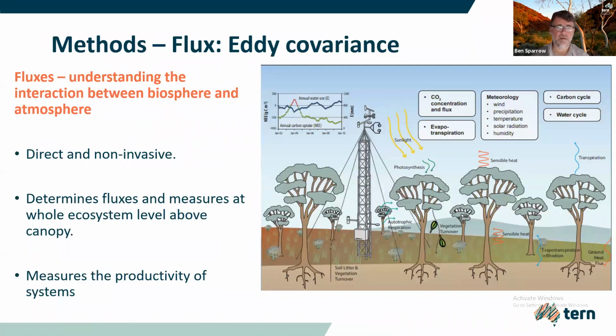So the eddy covariance information is that gaseous exchange. It's directed out there measuring all the time, and it determines those fluxes between the ecosystem components and above the canopy at the whole ecosystem scale, and helps measure the productivity, etc., of those systems.